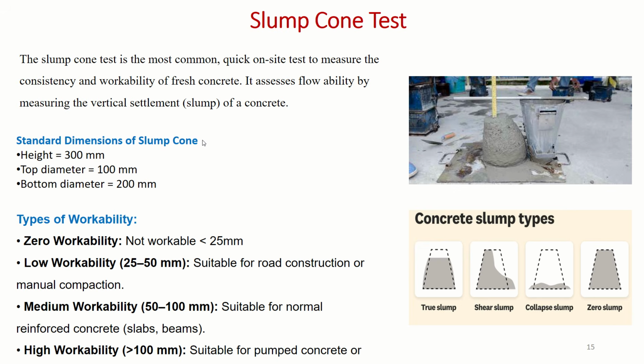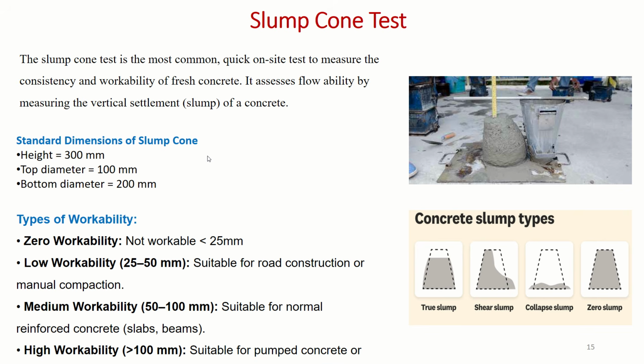The first test to test the workability is the slump cone test, which is used in the laboratory as well as in the field because of its simplicity. We conduct this test in the laboratory with the help of a slump cone of height 300, top diameter 100 and bottom diameter 200.